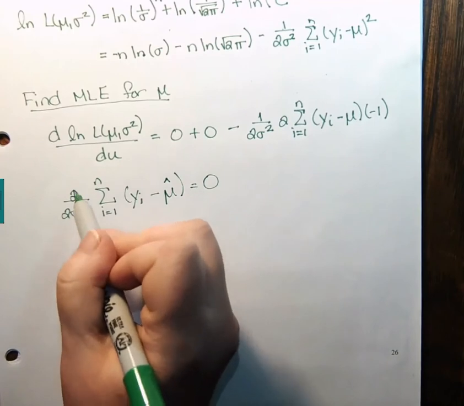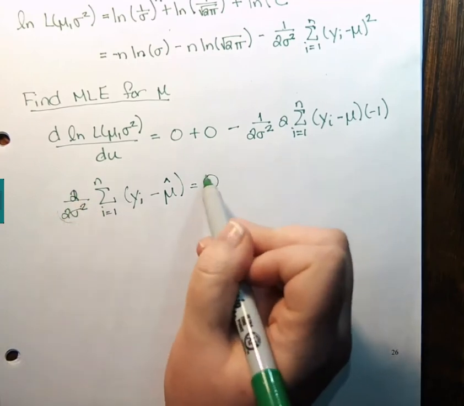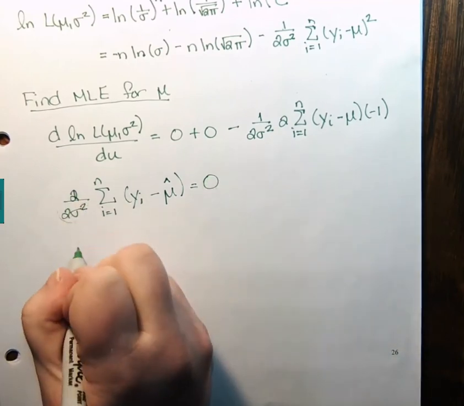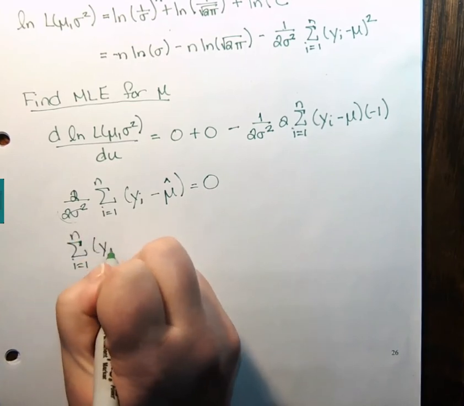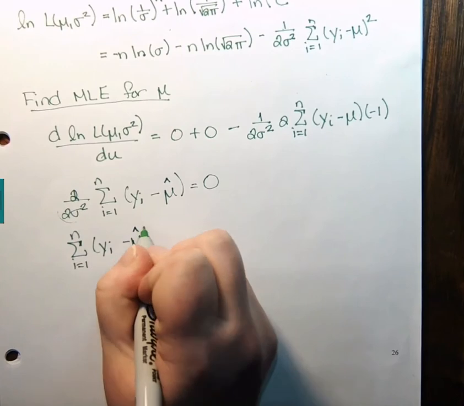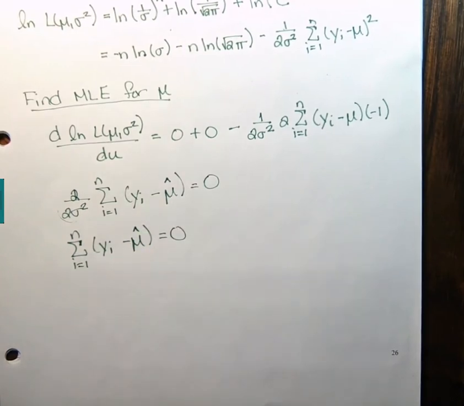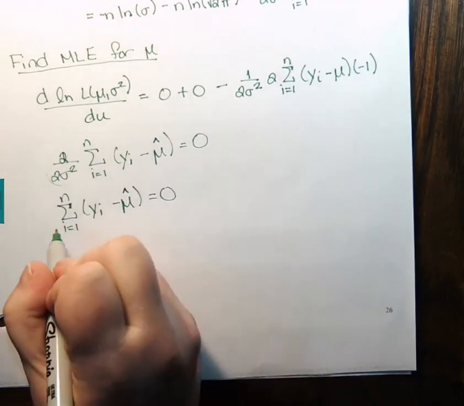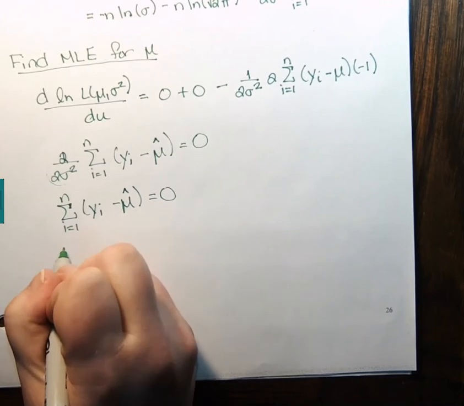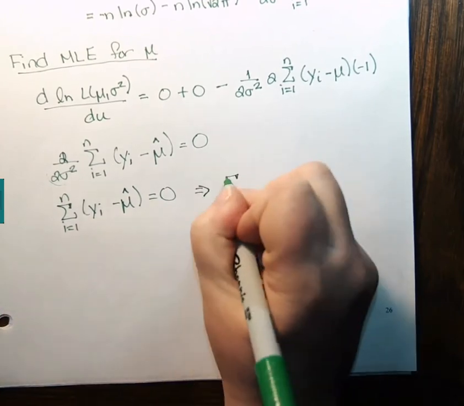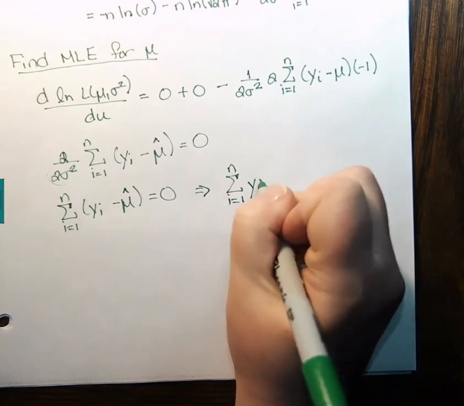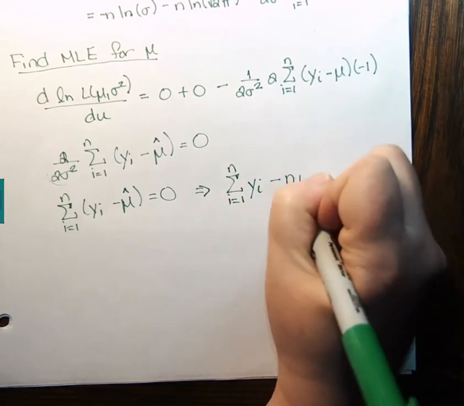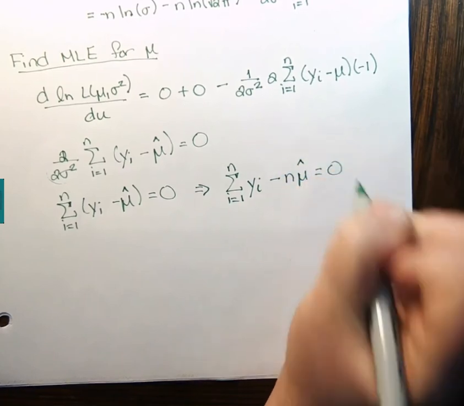And this was what I was saying. Notice this is just a constant now. Multiply both sides by it, and I just end up with the sum i equals 1 to n, y i minus mu hat is equal to 0. So first taking the sum through here, I'm going to have the sum i equals 1 to n y i minus n mu hat is equal to 0.